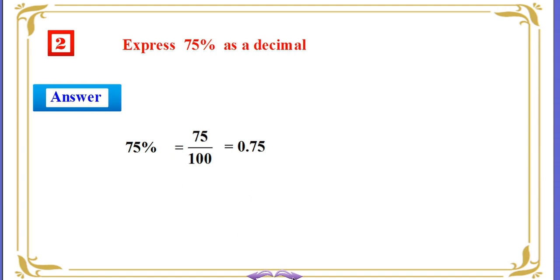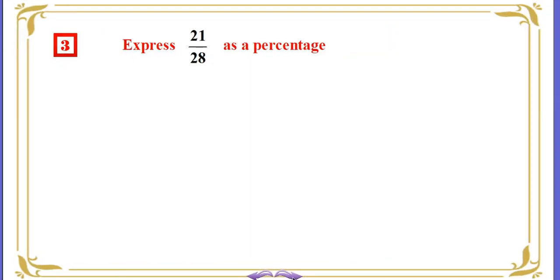Now we go to exercise 3. Express 21 over 28 as a percentage. How do we solve the exercise? The answer is we multiply this fraction by 1, because any number multiplied by 1 equals itself.